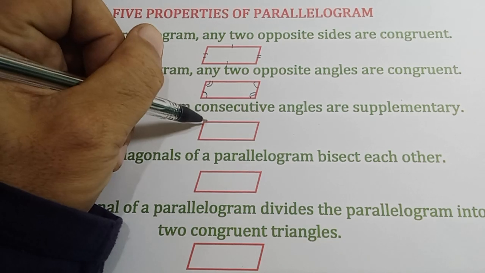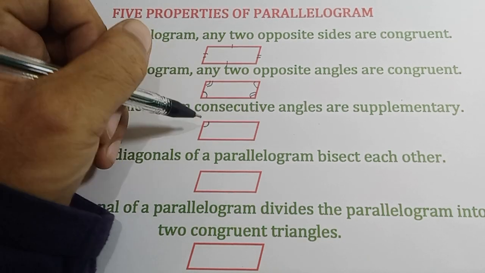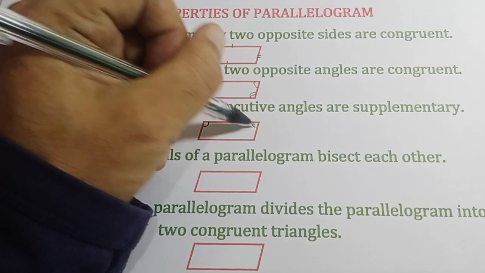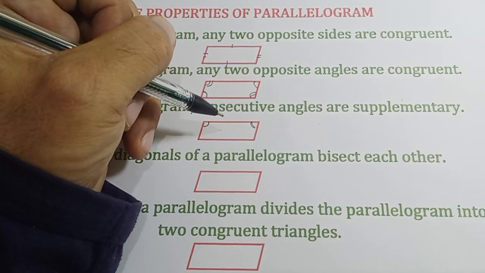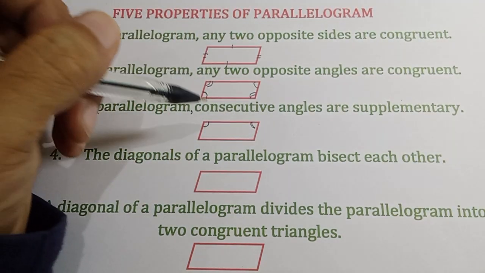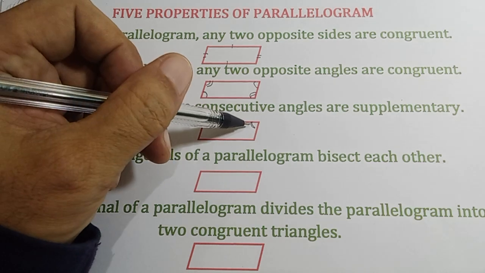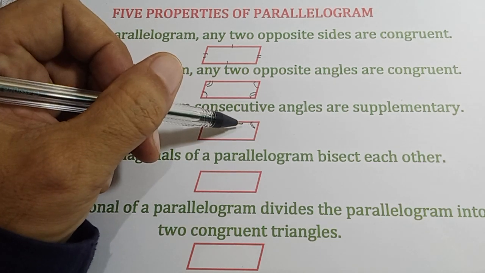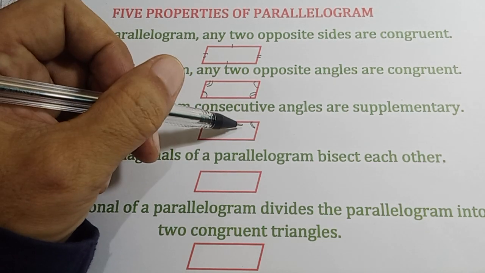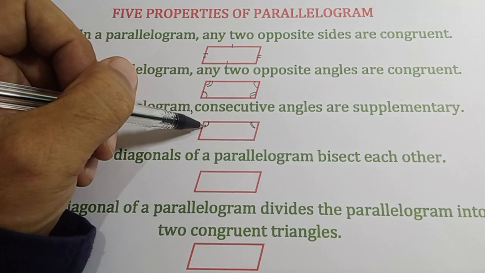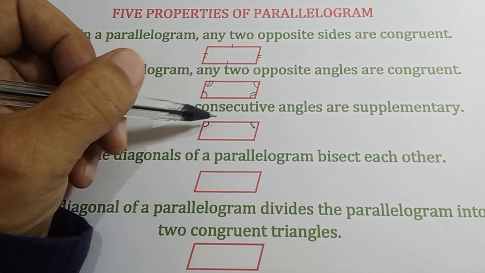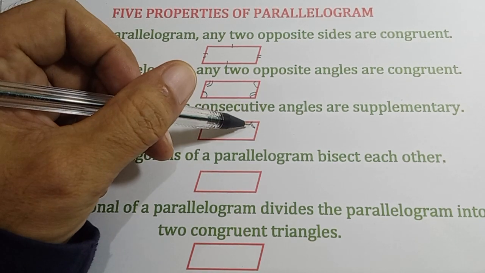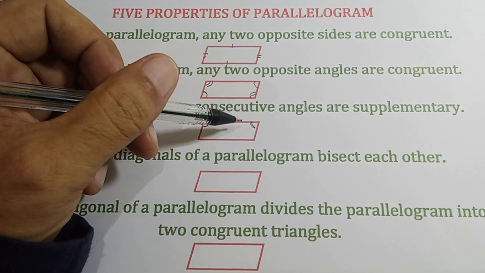So this angle and this angle are consecutive angles. So these two angles which are consecutive are supplementary. In other words, the sum of the angles for this is 180 degrees.